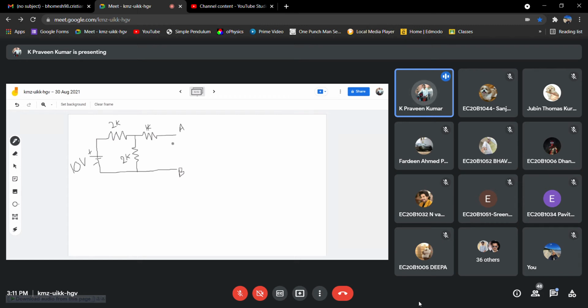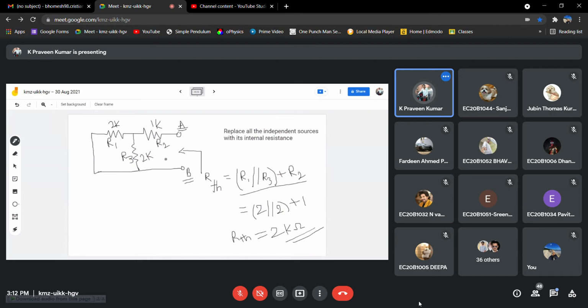So in second case, what we need to do? Short circuit the terminals A and B, then find out what is this short circuit current, ISC. Right. So in first case, what we did, to replace all the independent sources with its internal resistance, then calculate the equivalent resistance of the circuit, that is RTH.